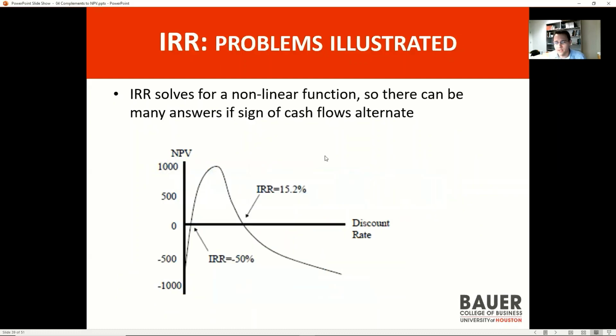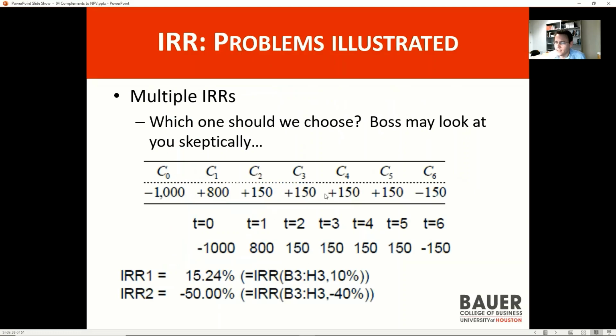If you want to see this in a picture, you can draw out the discount rates on the x-axis and the NPV on the y-axis for this project, and you see that the NPV hits 0 twice. Intuitively, what's going on is that we've got two negative cash flows. The cash flows are alternating between negative here, positive here, and then negative over here. And so what the 15% IRR is doing is it's putting more weight on the later cash flows.